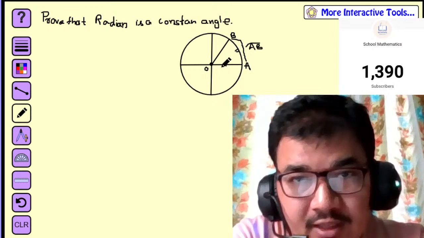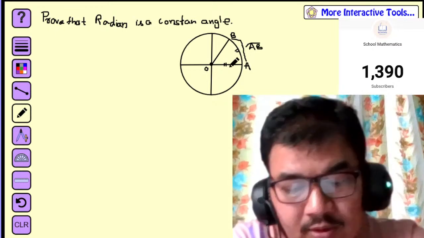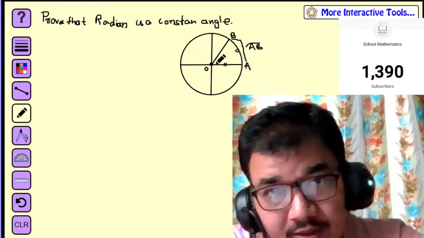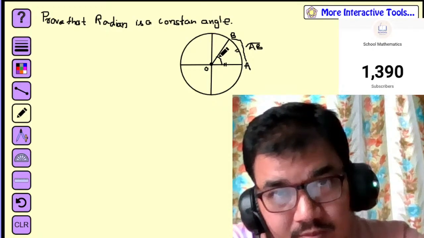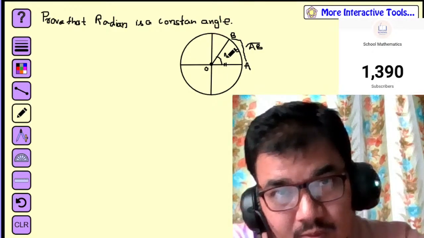When this arc length AB and this radius OA are equal, the angle made at the center is known as 1 radian.